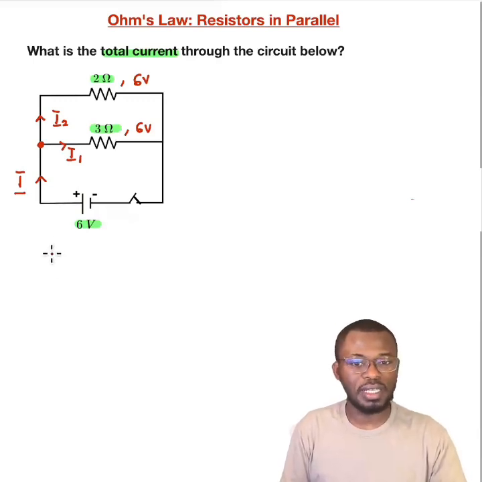To solve this circuit, we need to apply Ohm's law. Ohm's law says that the potential difference, delta V, across this circuit is the total current times the total resistance.